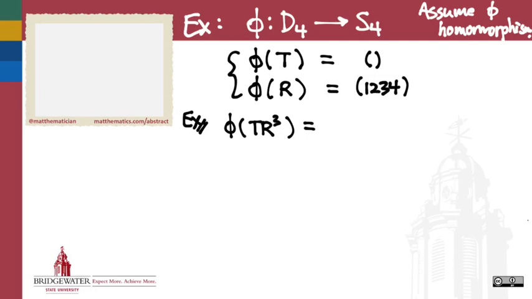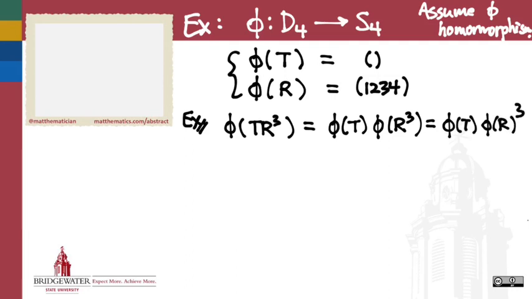How would I simplify that if I know that phi is a homomorphism? Yeah, it's phi of t times phi of r cubed. And phi of r cubed can be written as phi of r, quantity cubed. Right. And both of those equal signs here are applications of the homomorphism property, HP, the product rule.